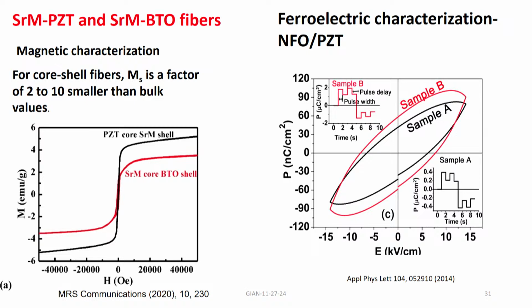It's microcoulomb, this is nanocoulomb. That's because as you go smaller in dimension, all the properties change, and for the worse. So in this particular case, we found that the polarization for nanofibers is quite small compared to either bulk or thin films of PZT or barium titanate.